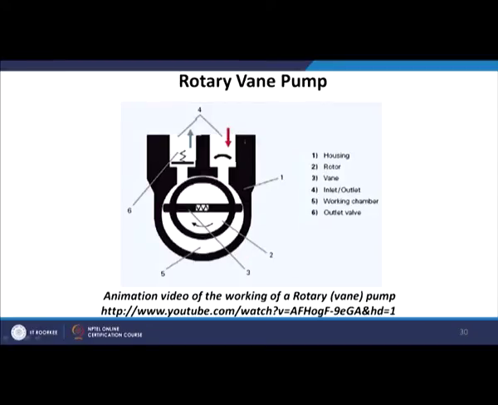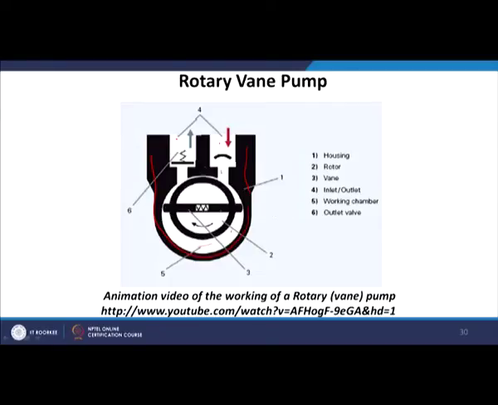So, there is this black color housing, this one is the housing, right, and then number 2 is the rotor, which rotates. Then there is a vane which separates the rotor into two different chambers, and then there are the inlet and the outlet, and the working chamber, where the gas molecules enter.